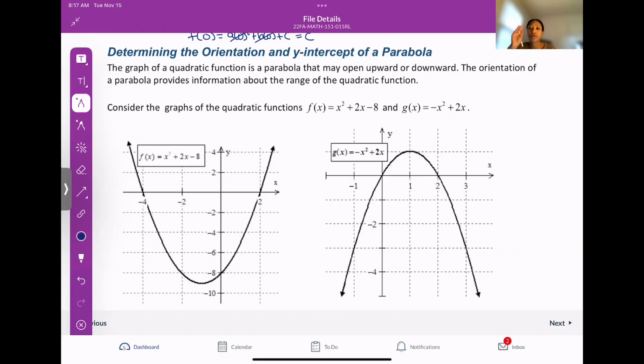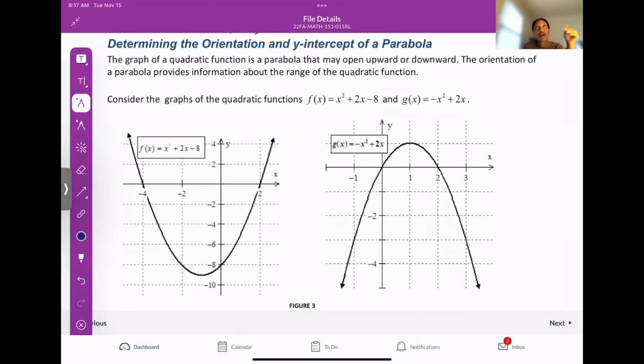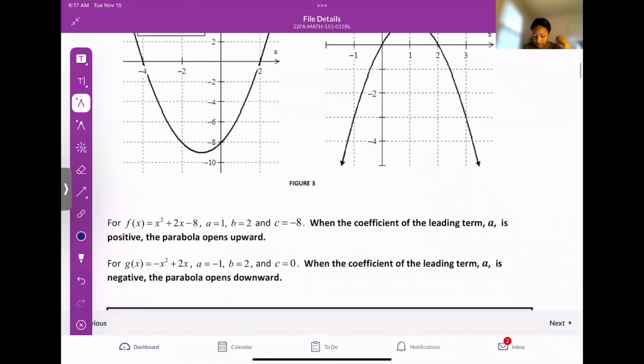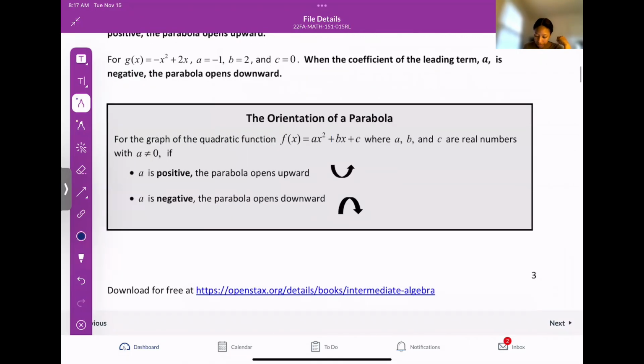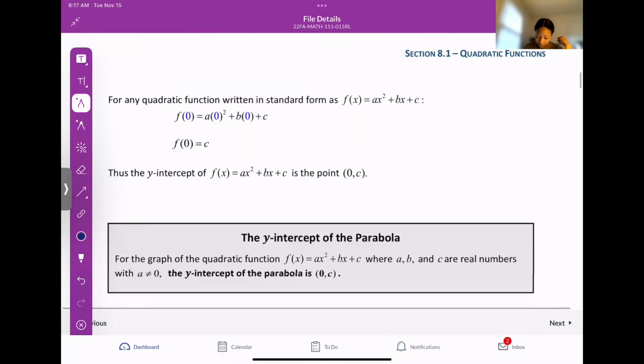So upward opening parabolas have a lowest point and then they keep going up on both sides. Downward opening parabolas have a highest point and then they go down on both sides. And again, we can figure out whether our parabola opens upward or downward and what the y-intercept is just by looking at the function and determining a and c. Okay, this is summarized here for both things.